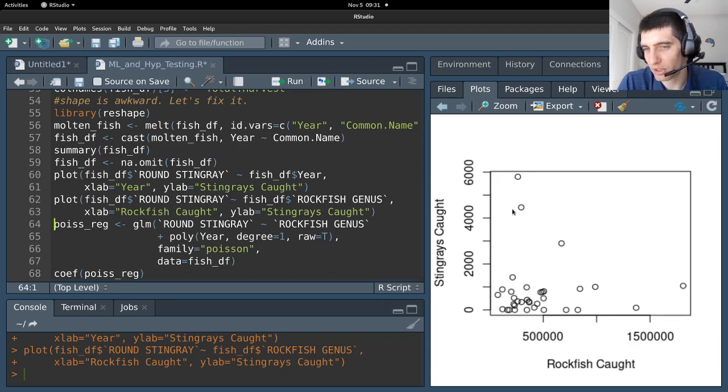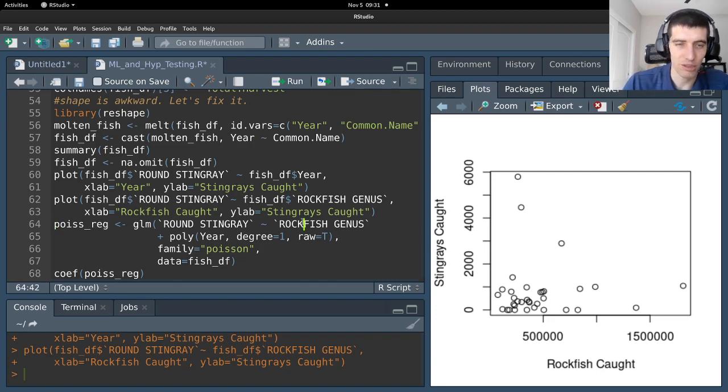It's kind of hard because some of these values are much larger here. So I might look at this on something like a log scale, but as it is, I'm just going to use this as an example for doing Poisson regression. But it does seem that there's a positive relationship between the number of rockfish caught and number of stingrays caught. You might imagine that this relates to general ocean health, but yeah, I'm not sure.